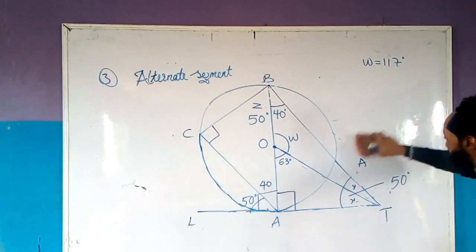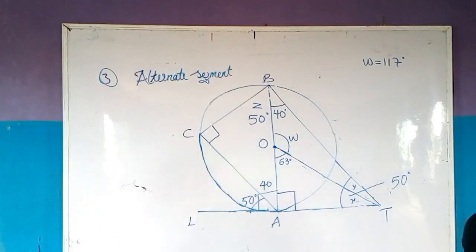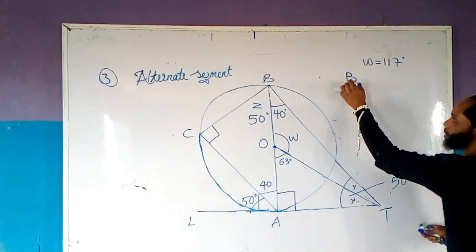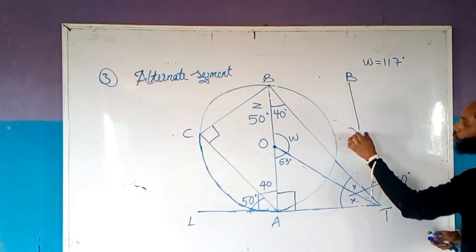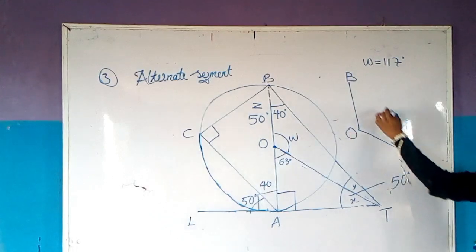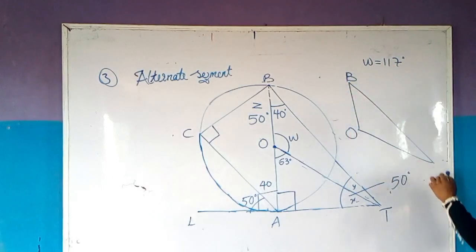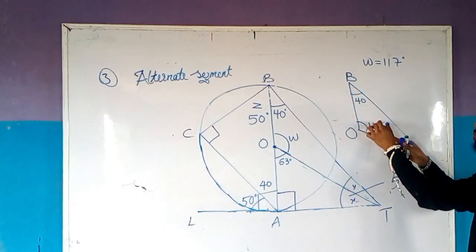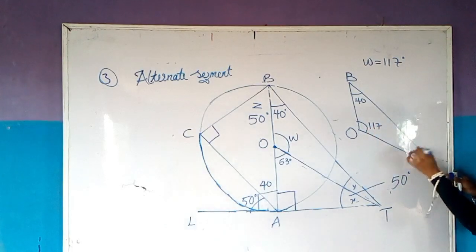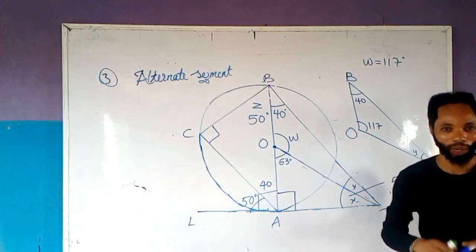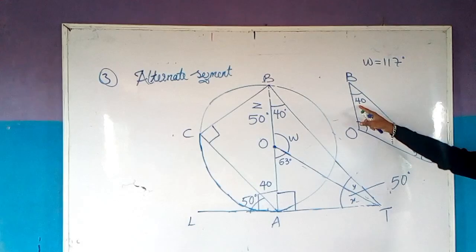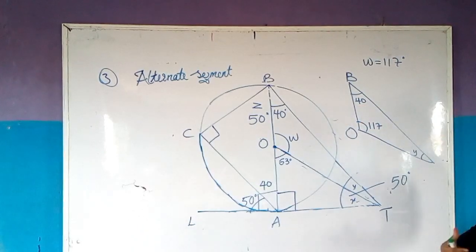So we have that. So now we can come. We make another triangle. Remember, it looks like this. AB comes down to O, and it goes like this. You can see it. Here is 40. Here is our W, that's 117. And here is only Y. So we're narrowing everything down. So it's going to be 117 plus 40. That is 157.